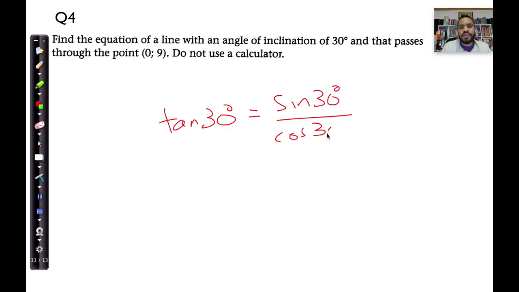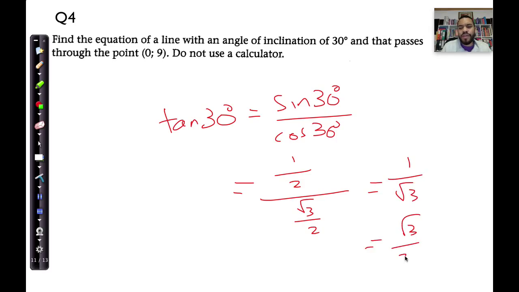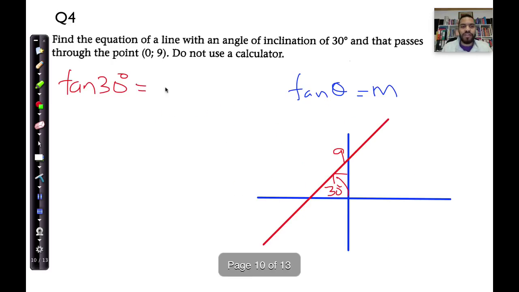Sine 30 is a half, and cos 30 is root 3 over 2. Then you get a half multiplied by 2 over root 3, which gives 1 over root 3, and this is the same as root 3 over 3. Or you can just say you know your special angles, and you know that tan 30 is root 3 over 3. Let's make it 1 over root 3.